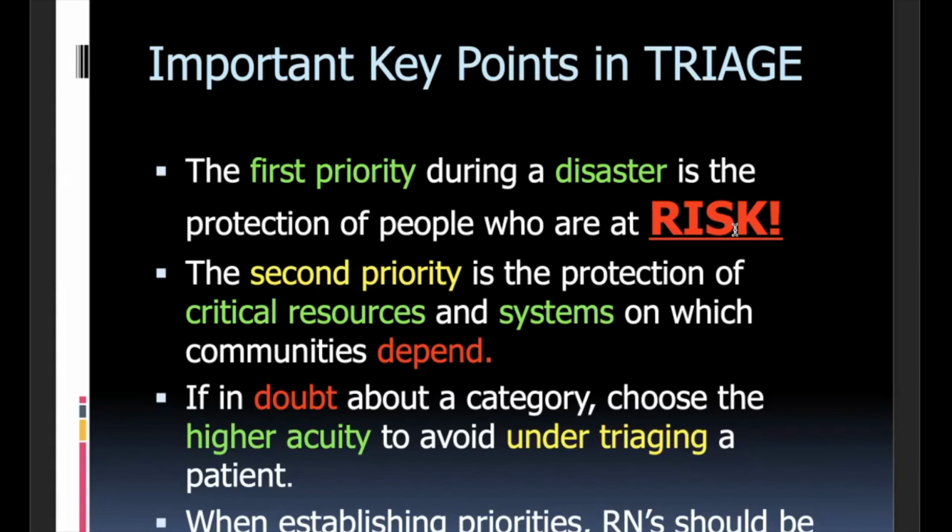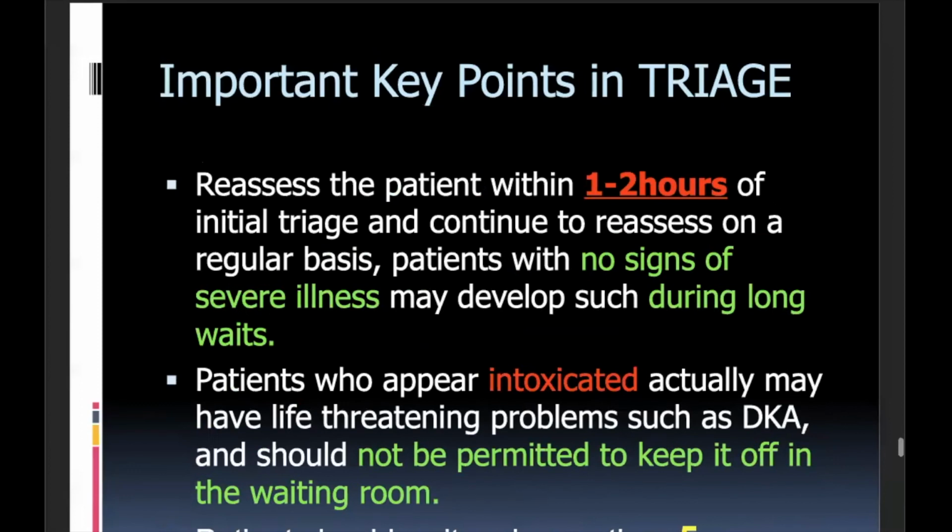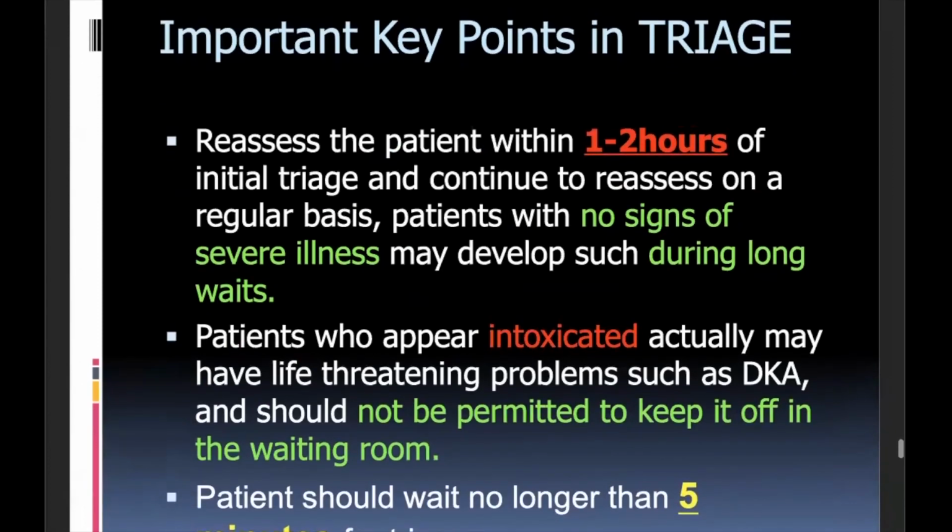And when establishing priorities, registered nurses should be able to make decisions within 5 minutes. Calm and collected, and we should be decisive. Reassess the patient within 1 to 2 hours of initial triage and continue to reassess on a regular basis. Patients with no signs of severe illness may develop such during long waits.